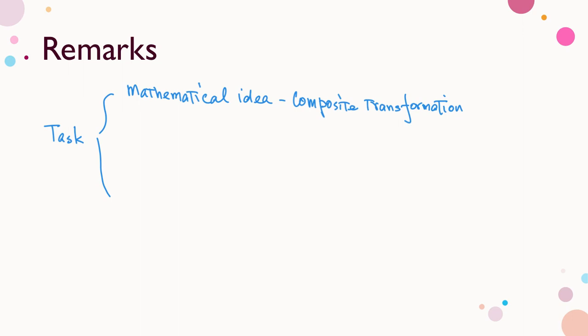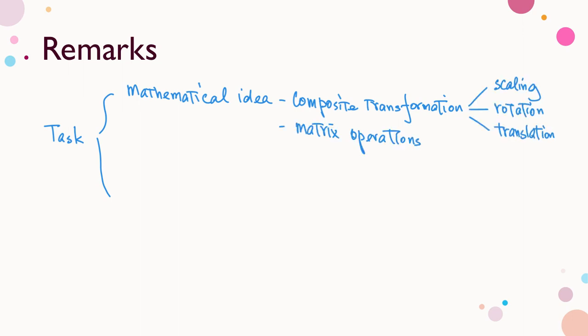The task is composed of two parts. The first part is the mathematical idea behind the work. The points that build up the fern are created by a simple composite transformation which involves scaling, rotation, translation, and matrix operations. I suppose it is easy to understand.